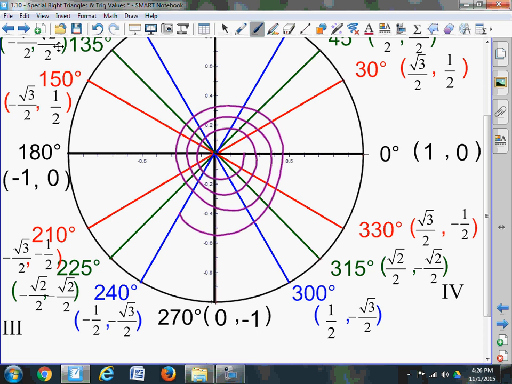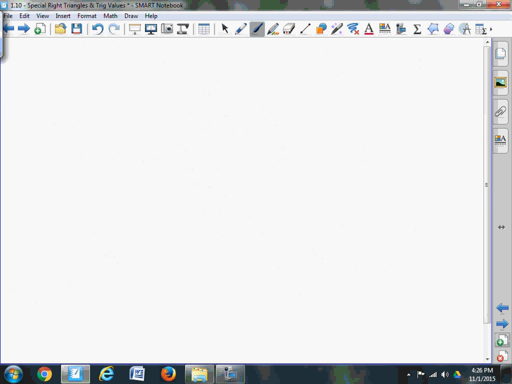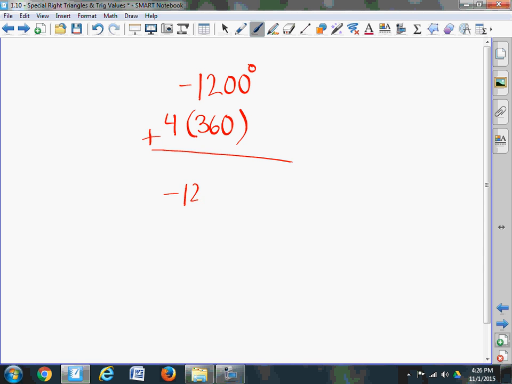Using arithmetic, if I had negative 1200 degrees, adding 360 three times wouldn't be enough, so it'd really be 4 times 360. You could add 360 more times, but it's easier to add the multiple, so it's really negative 1200 plus 1440, which comes out to 240 degrees.